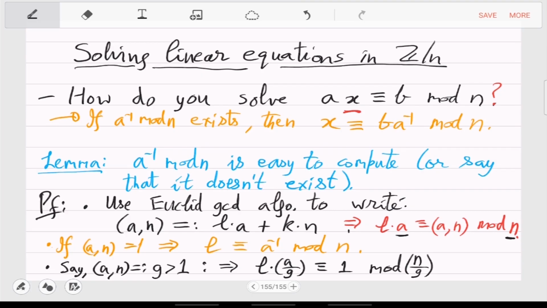How will it help? If G divides L, yeah, maybe this equation doesn't help. Let me make a bold claim here. Let me say that A inverse doesn't exist.